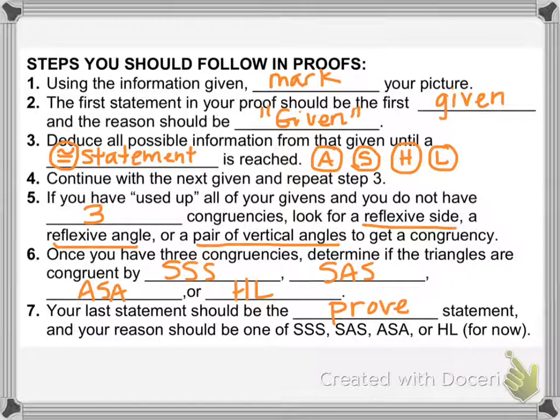And it'll always give that to you at the very beginning of the problem. It'll tell you what you're trying to prove. You're probably trying to prove that the 2 triangles are congruent. So you'll write that triangle congruent statement on your last line for this statement. And then your reason is either going to be the SSS, SAS, ASA, or HL. And that's for now, because we'll get one more step later. Okay? So let's go ahead and try some of these.